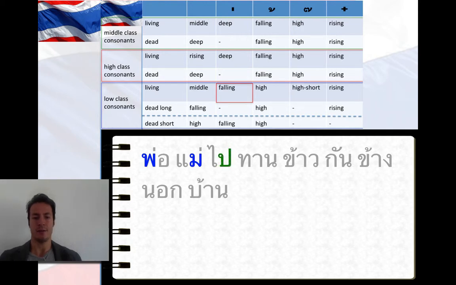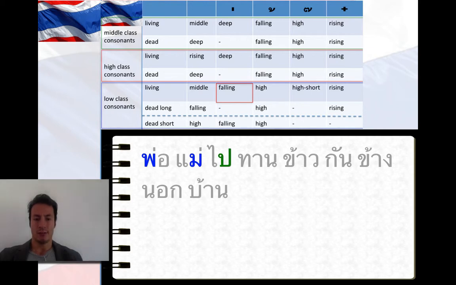Then, the third word in this sentence, initial consonant, Baba, a middle-class consonant.